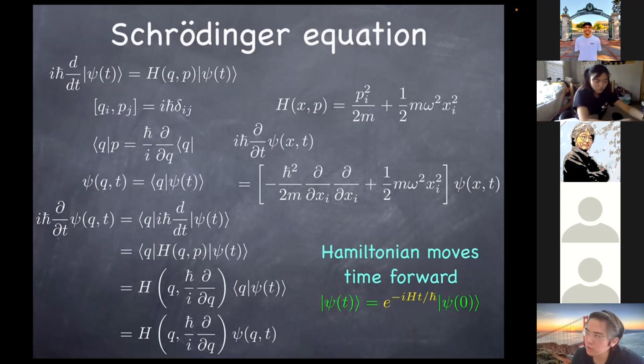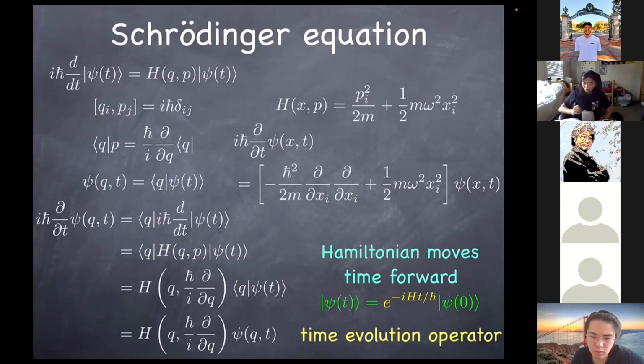We use this idea over and over again, especially when we get to talk about perturbation theory and start talking about actual computations. So the Hamiltonian is something very special, and this is what moves time forward. And so we use this idea over and over again.